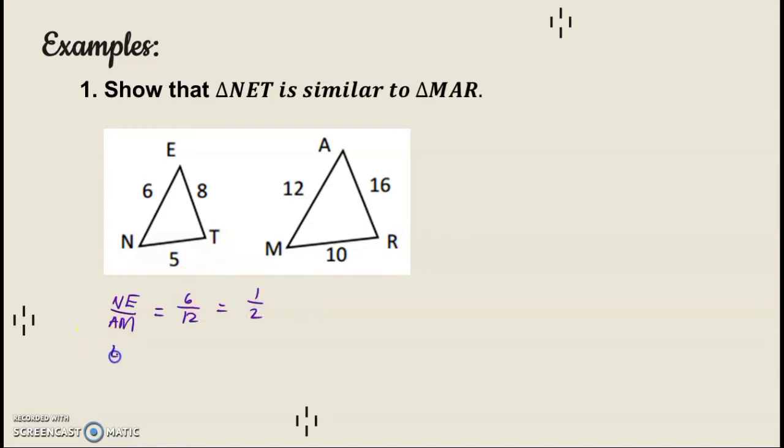Next, si EP. EP over AR. So, si EP is 8 over 16. So, simplify, 1 half pa rin. Okay? Next, si NP. NP over MR is equal to 5 over 4... is equal to 1 half.